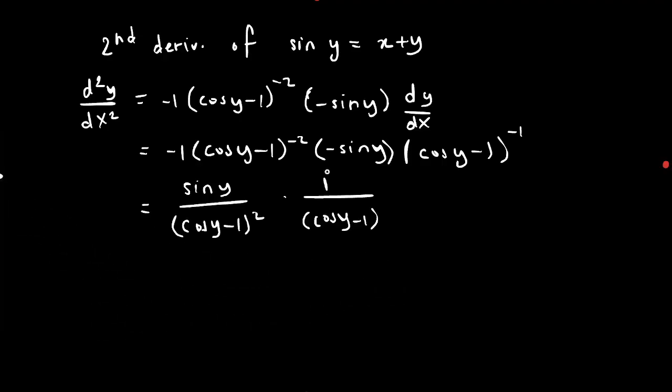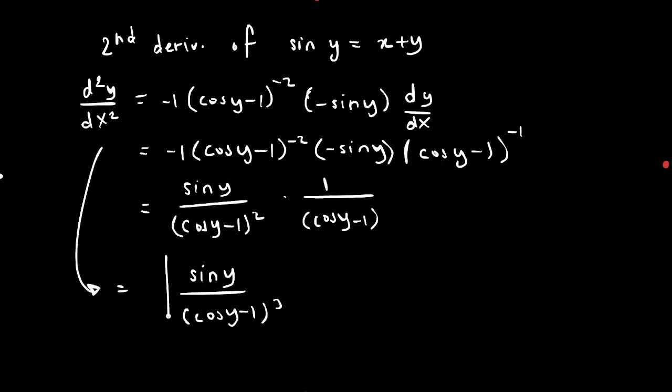Applying a little simple arithmetic here, we get our answer to be sine y over cosine y minus 1 cubed. So this is going to be equal to our second derivative. Our d squared y over dx squared is going to be equal to sine y over cosine y minus 1 whole cubed. So this is how you would approach any implicit differentiation problem.